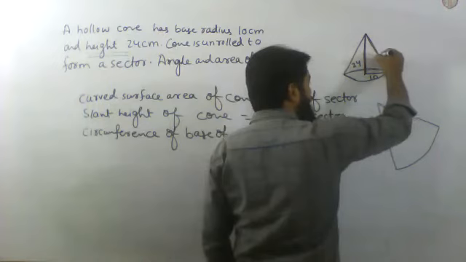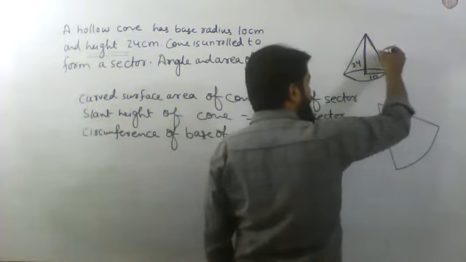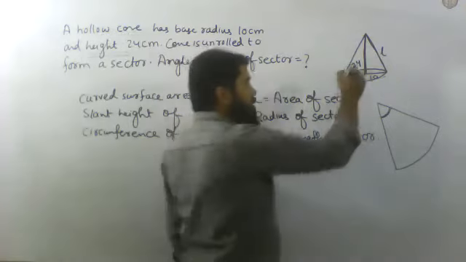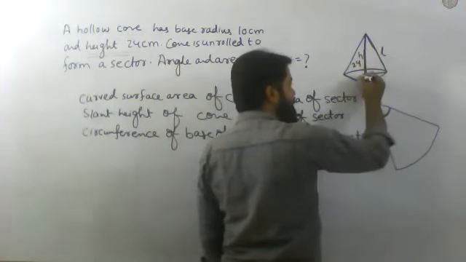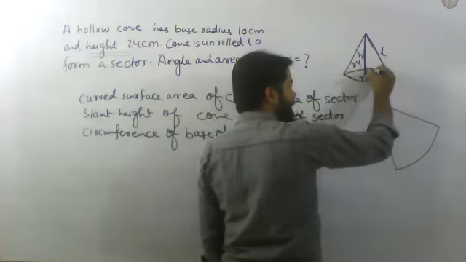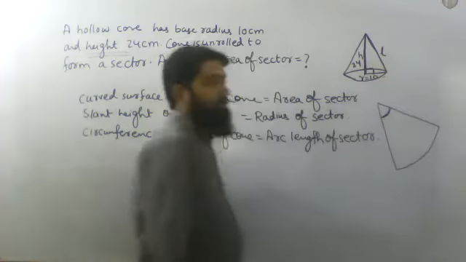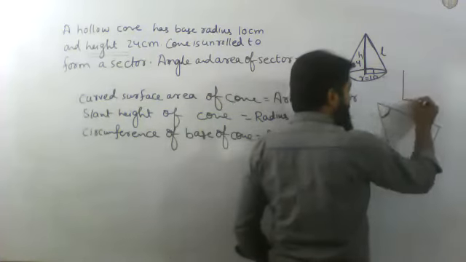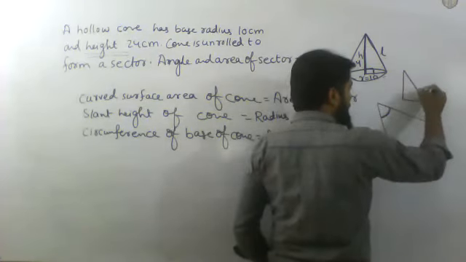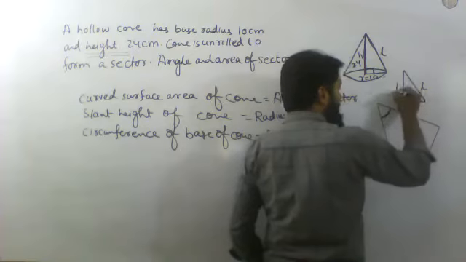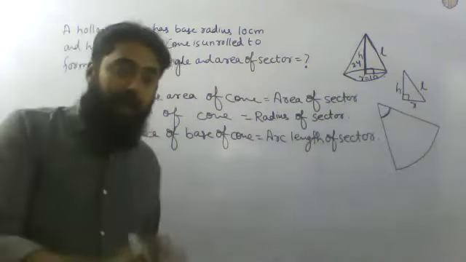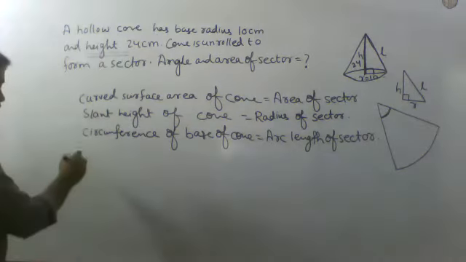This will be the slant height, which is represented by L. This is your height, this is your radius, slant height, and this is 90 degrees. Now, if I take it out and draw it separately, L, R, H. So it's a right angle triangle, and in order to find my L, I'm going to apply my Pythagoras theorem.